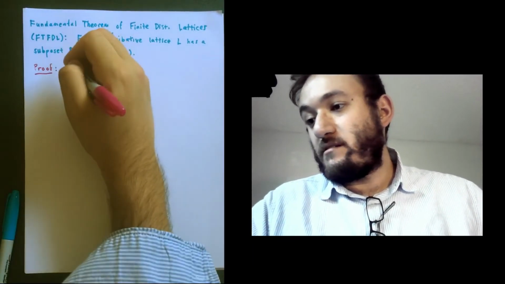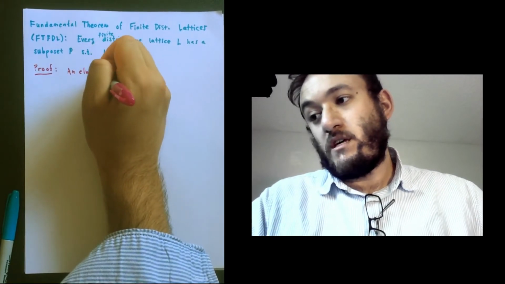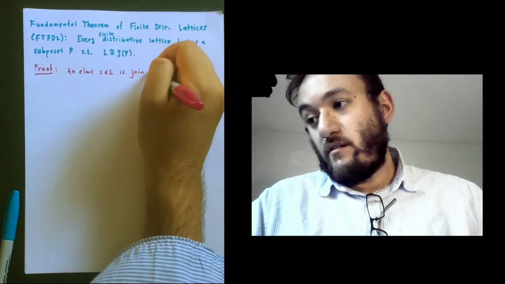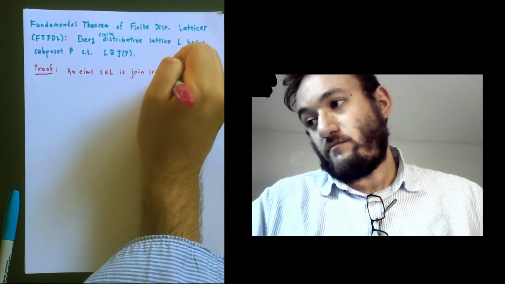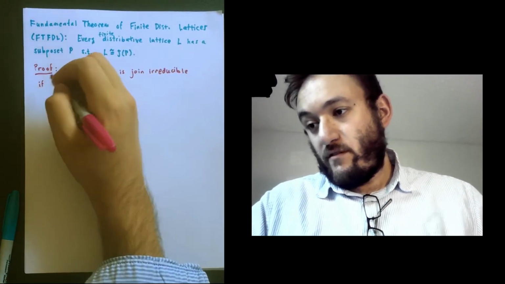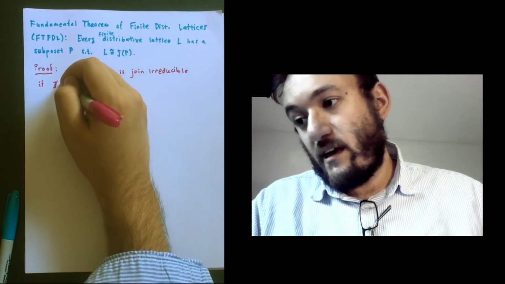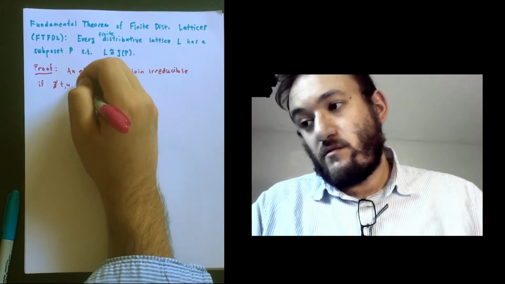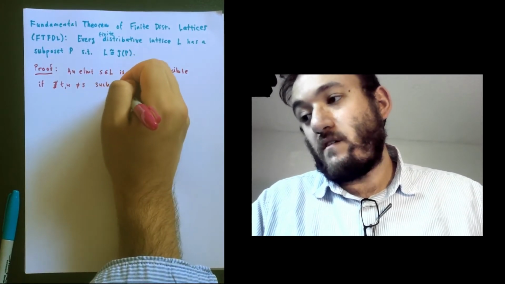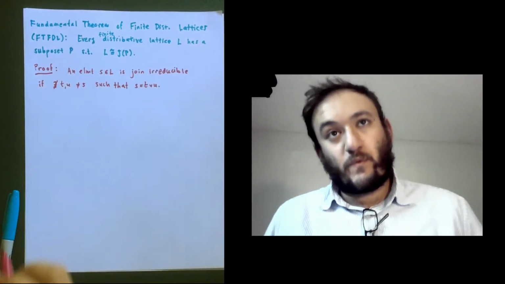Okay, so an element S in L is join irreducible if there are no two elements T and U not equal to S such that S equals T join U. Okay.